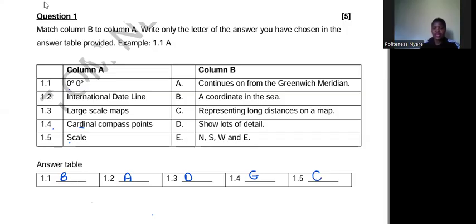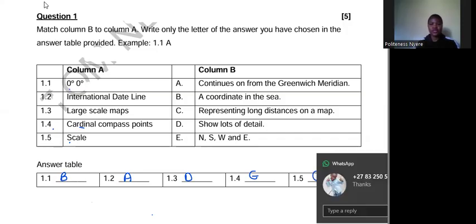A scale is used on the map so that we can show distance. For example, we cannot use a 30-kilometer paper. A map tries to squeeze everything onto a small piece of paper.